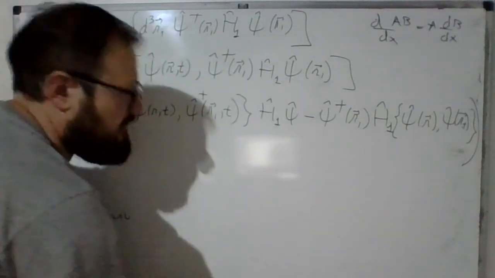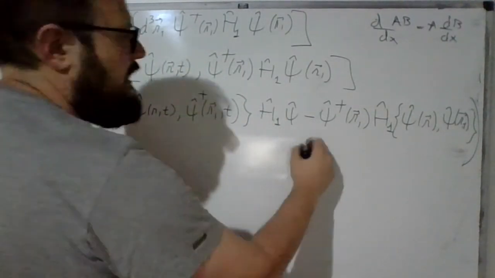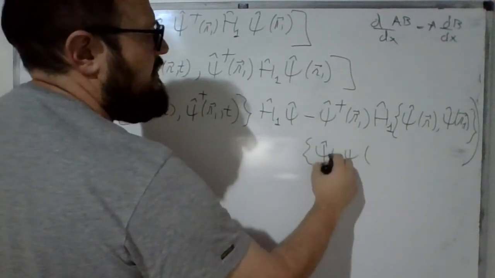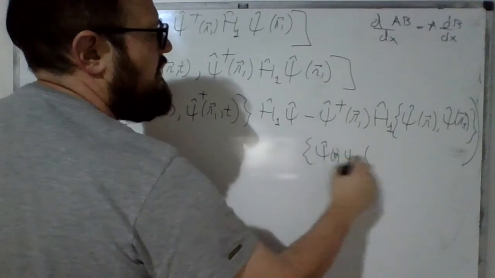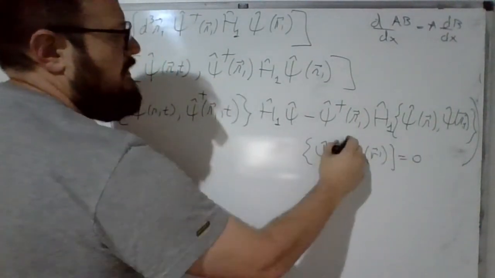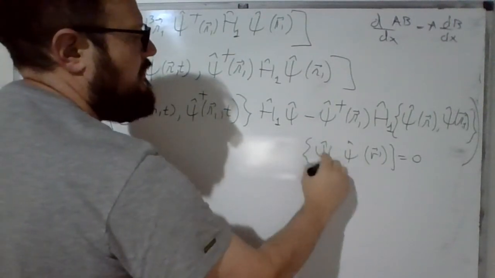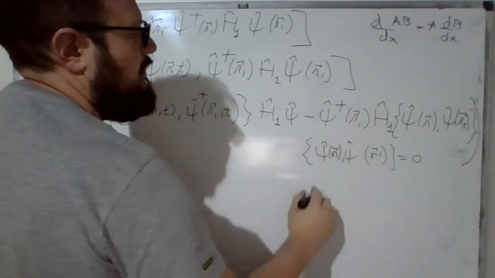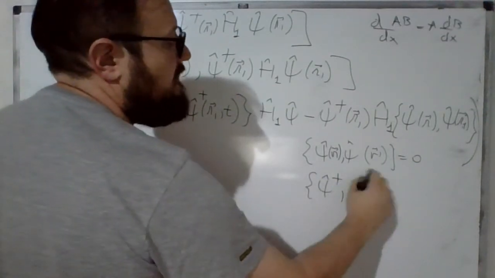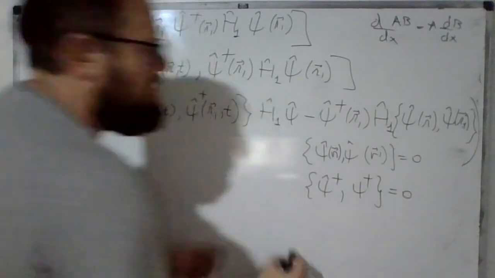And remember, for fermions, the anti-commutator of psi of R and psi of R primed is 0. Of course, the anti-commutator of psi daggers is also 0.